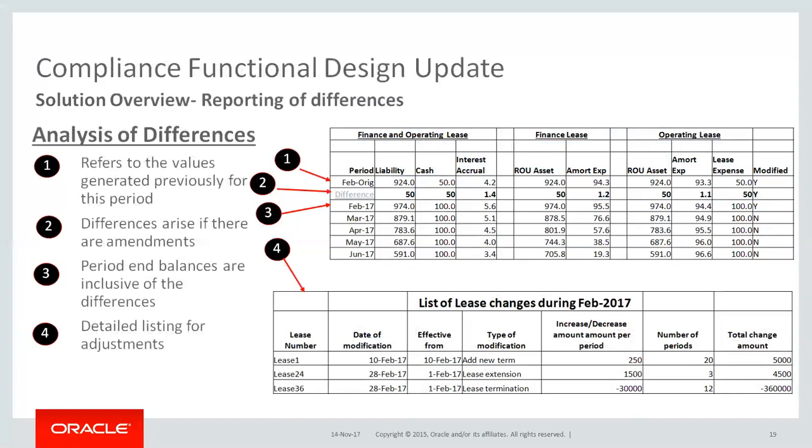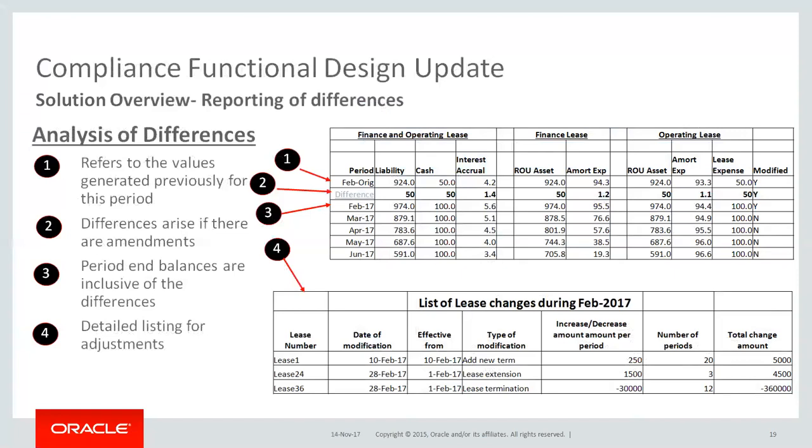So I would also come up with all the numbers for all the month ends, like what the ROU and lease liability are going to be for February 2018, for March 2018, for April 2018. But coming into February, maybe there is an amendment, and because of which my future balances are taking a hit. My future balances are being changed.